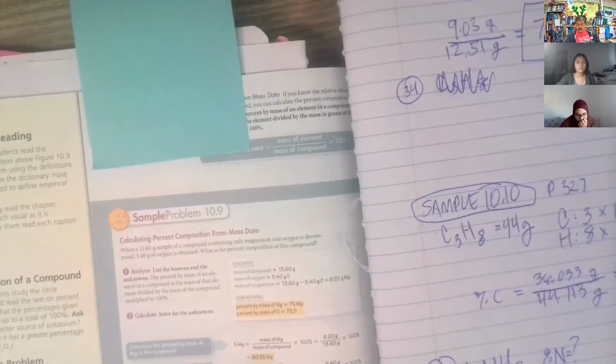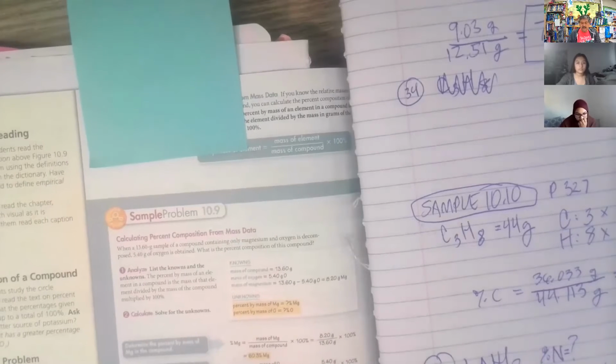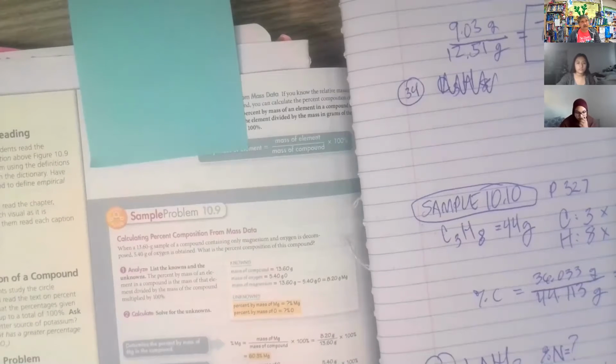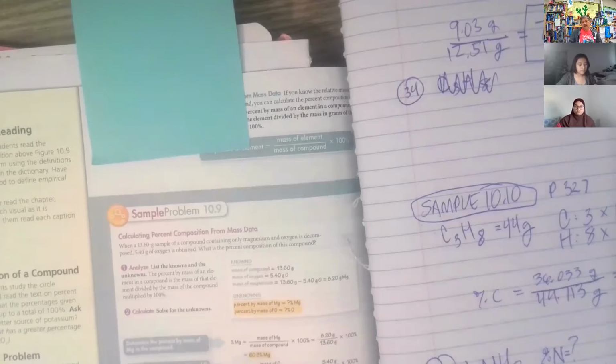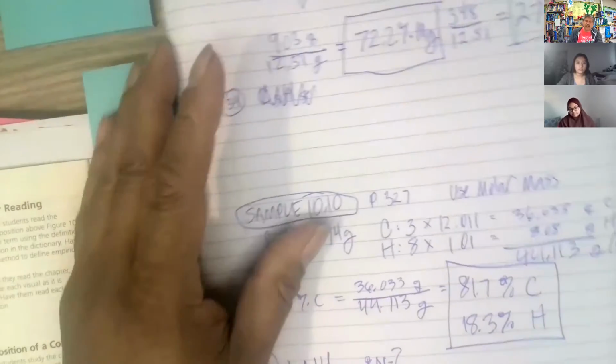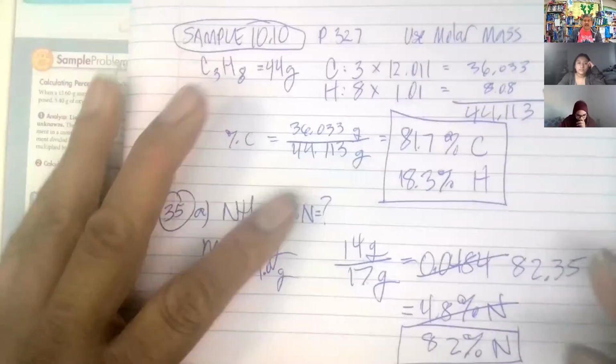So I think this is actually 14.0, and when I add 3.03 to 14, the total weight of ammonia is going to be 17.0. If I take it to 3, it's going to be 82.4 for sure. You're right. But I only took it to 2 sig fig.